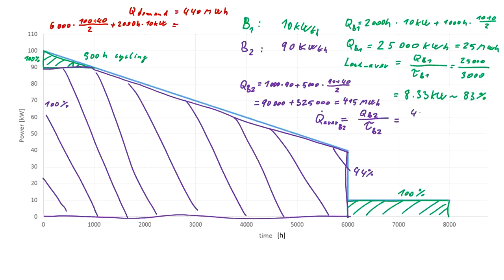So this was 415 thousand divided by 6,000 hours. And we will get 69.2 kilowatts, which is about 77%.